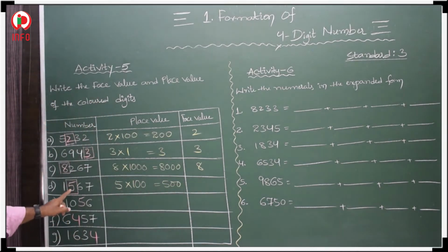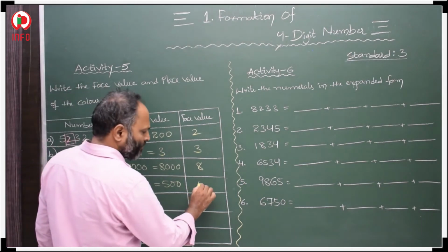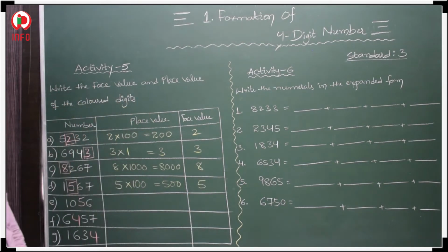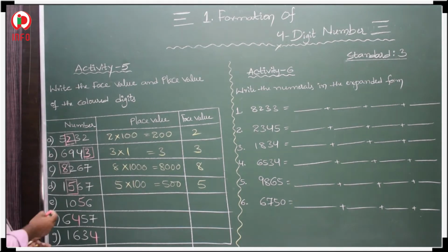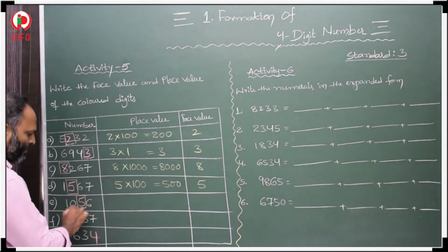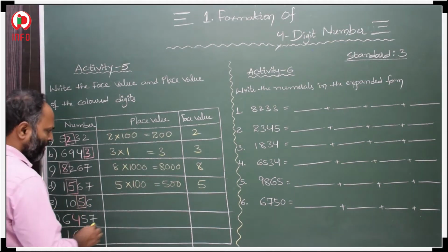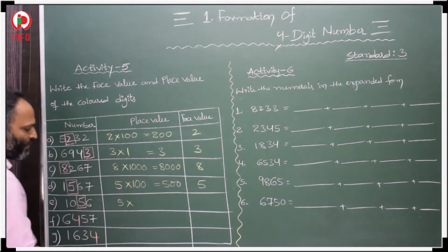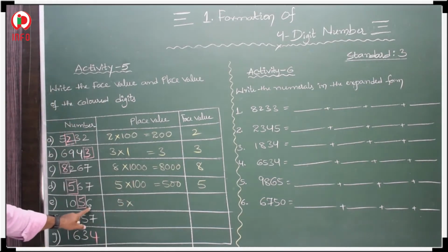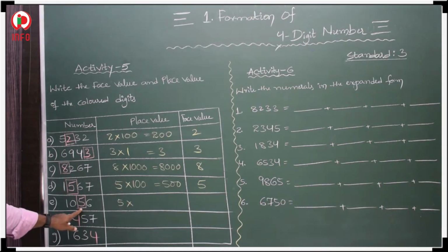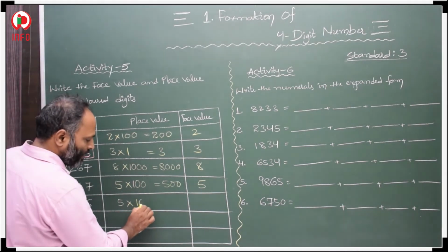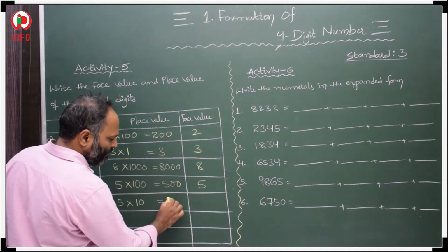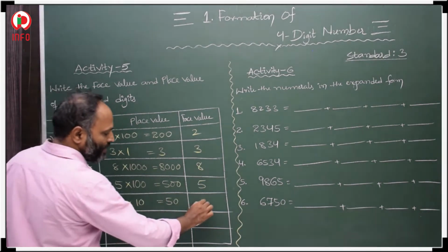Face value is this number only, 5. Then again 5. We check in which place it is. Ones, tens. Tens place. We multiply with 10. 5 tens are 50 and the face value is 5 only.